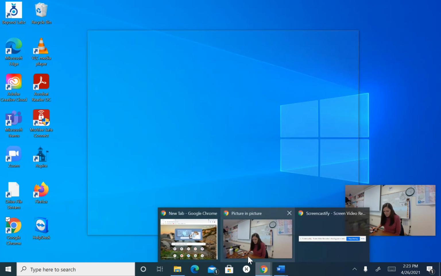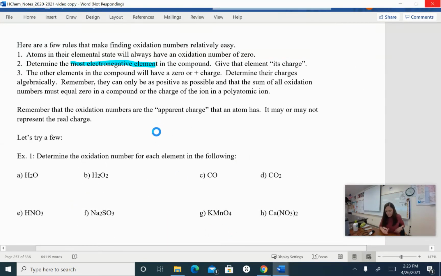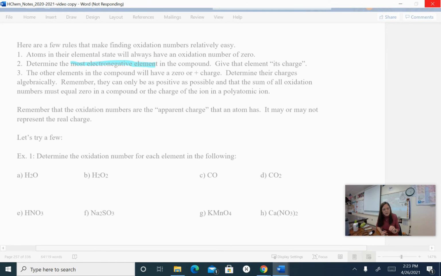Rule number 3: after we find the most electronegative element, the other elements in the compound will have a 0 or a positive charge. We are going to determine their charges algebraically, so you have to think mathematically here. The sum of all oxidation numbers has to be 0.